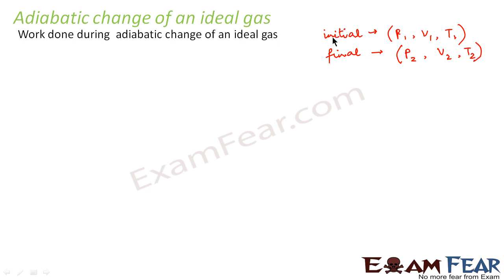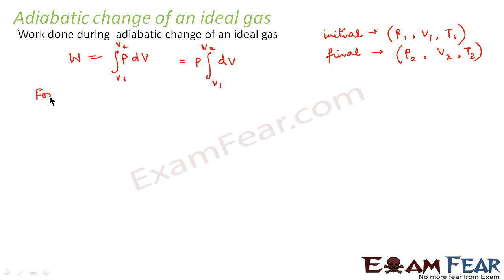For this gas to reach from the initial state to the final state, there has to be some work done. Similar to the isothermal process, here also work done is nothing but P dV, where V is changing from V1 to V2. So we can write this as P integration of dV from V1 to V2.